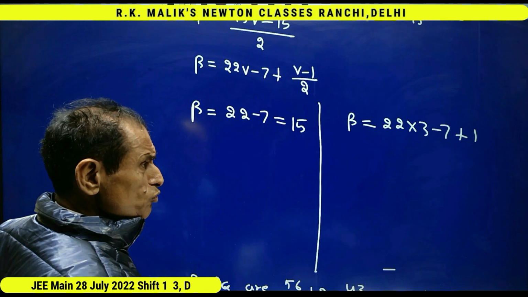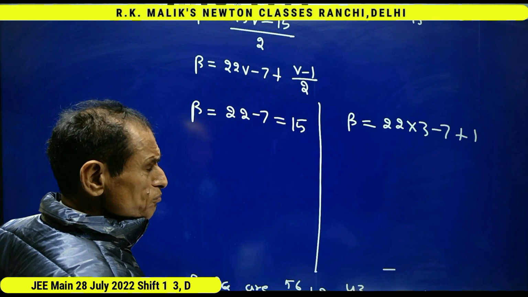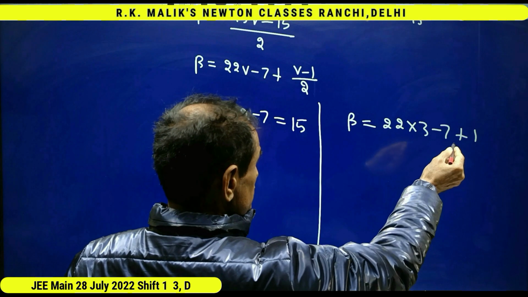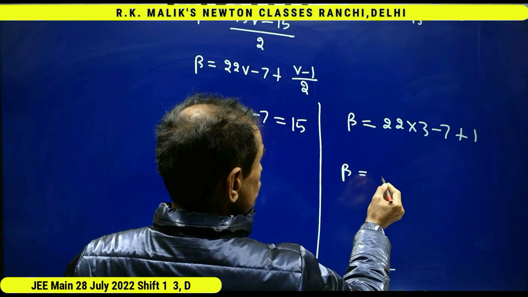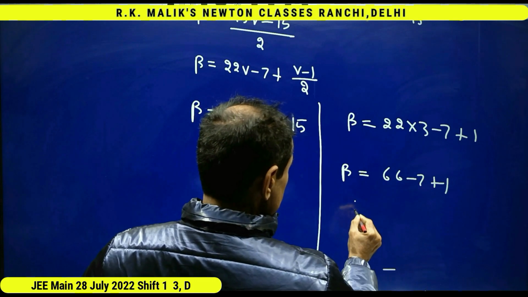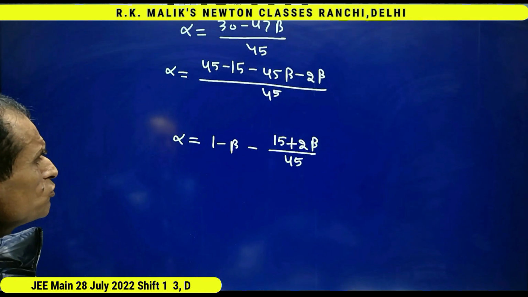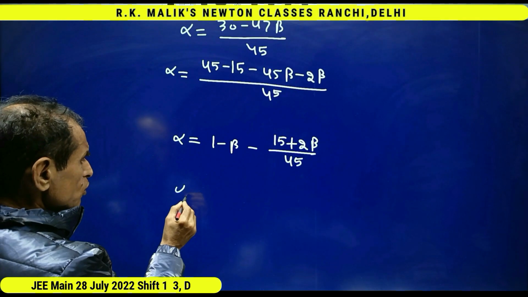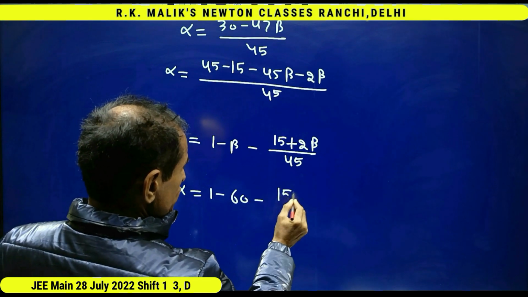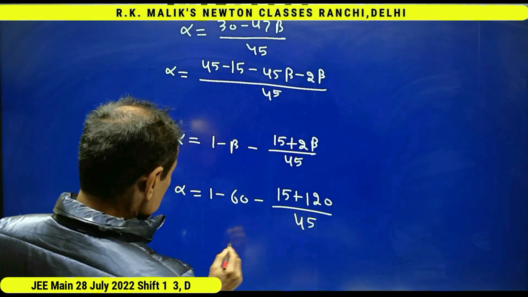Just because I want to make my solutions crystal clear, therefore I am proceeding with this. Had I taken the value of beta as 66 minus 7 plus 1, that is beta would have been 60. And after putting the value of beta equal to 60, I will get the value of alpha as 1 minus 60 minus (15 plus 120) by 45.